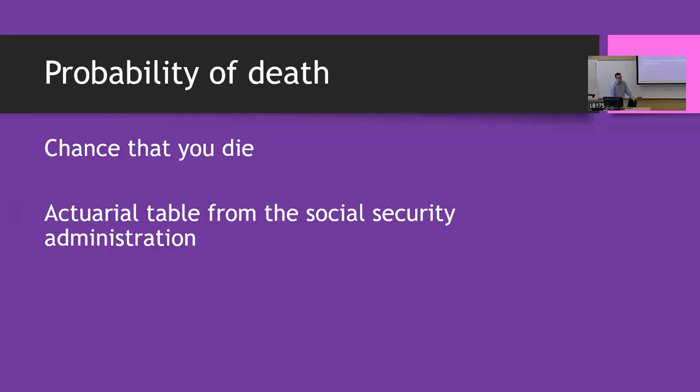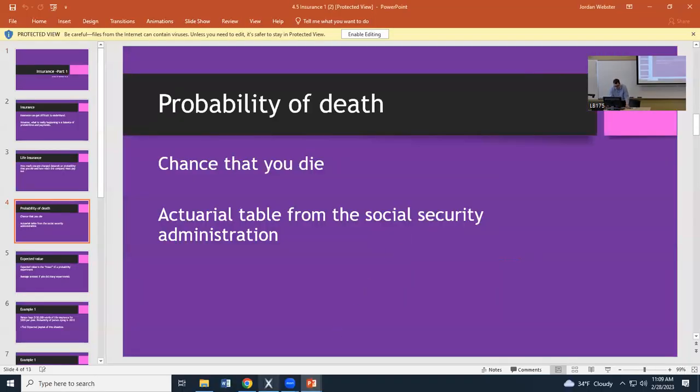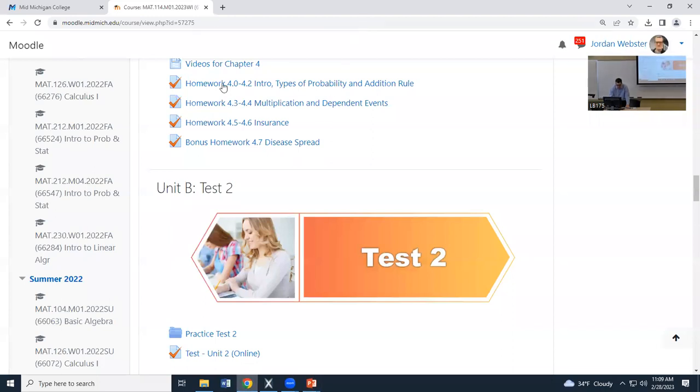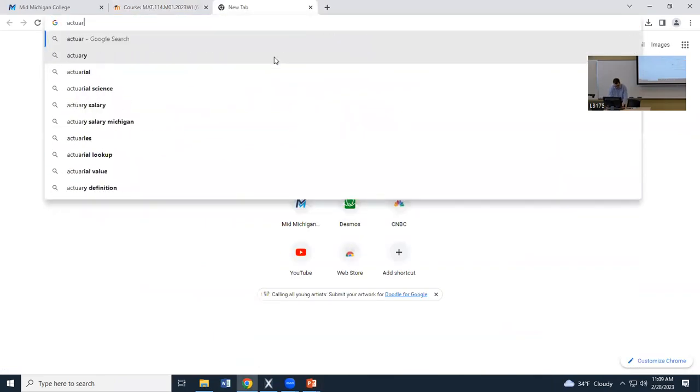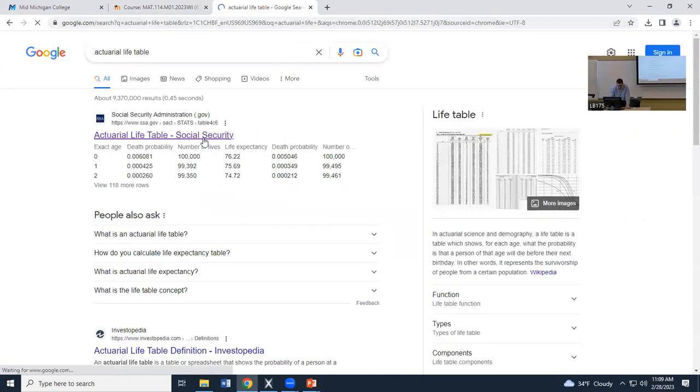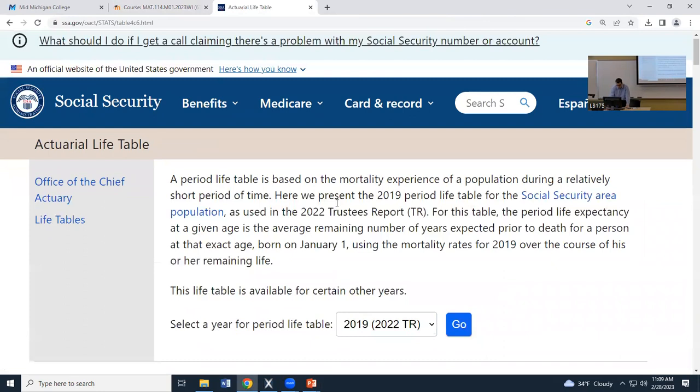So instead, we're going to use the actuarial life table from the Social Security Administration. You won't have to do this on the test or anything, but what I'm going to do today is search for actuarial life table. And the first one that almost always pops up is the Social Security Administration's actuarial life table.